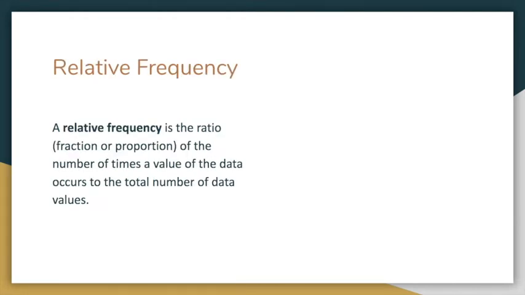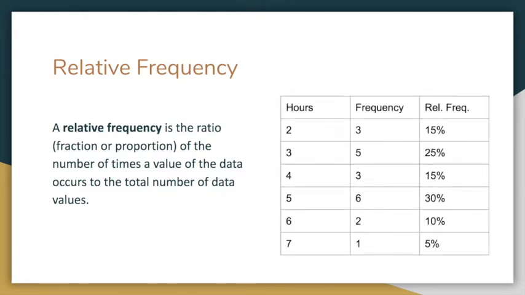Second way of thinking about data is with relative frequency, and this is where we take each of these frequencies and we turn them into either a percentage or a fraction, or in some cases a decimal value. So if we take the same data that we had a moment ago, I've just added another column to that table where I'm expressing each of these as a percent.